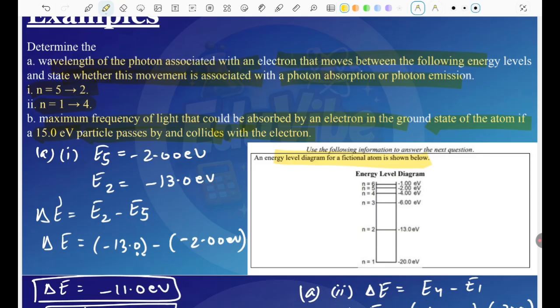So from 1 to 2, if you find the delta E from here, you will get 7 eV. From 1 to 3, you will get 14 eV. From 1 to 4, you will get 16 eV.